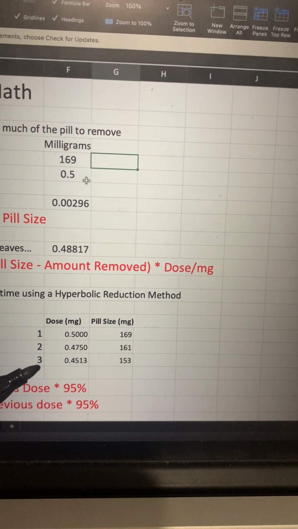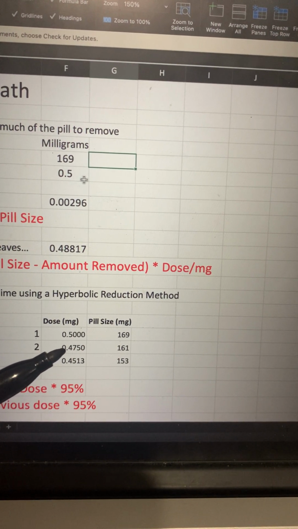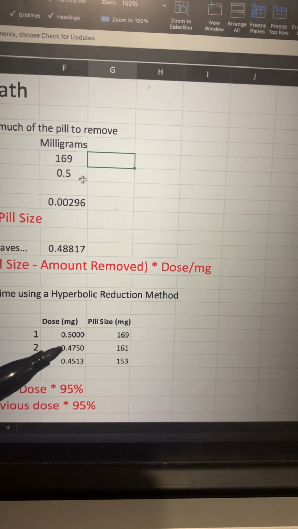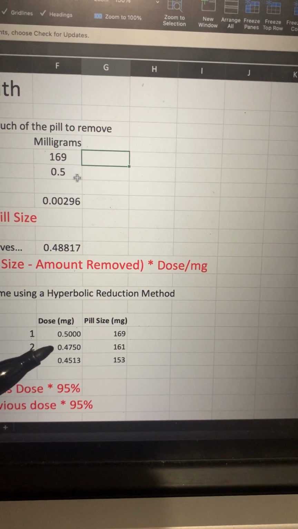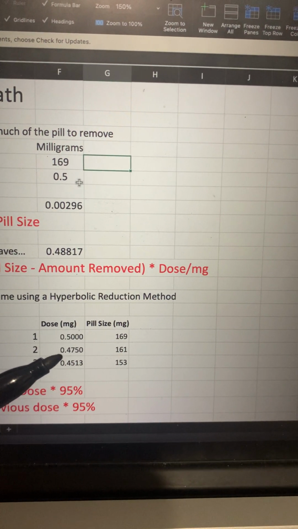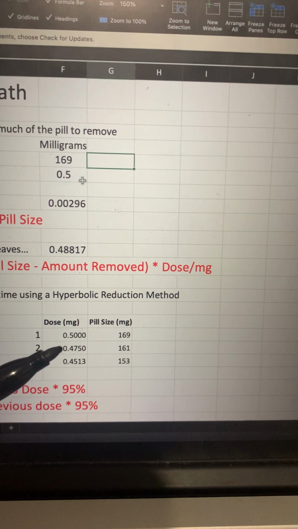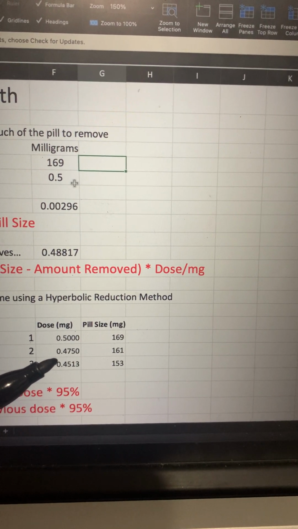The following week, you're taking 5% off of 0.4750 milligrams. You're not taking it off the original dose, which is 0.5. That would be a linear taper. You're doing a hyperbolic taper, so you're taking 5% off of 0.4750, which would bring you down to 0.4513.